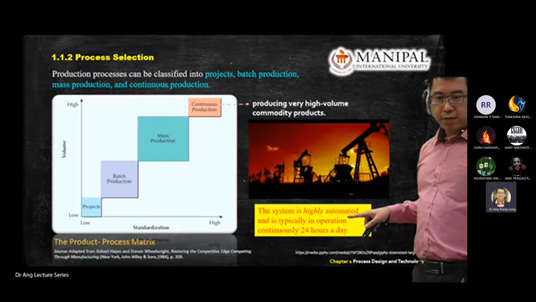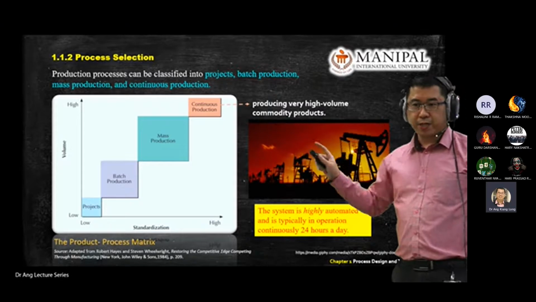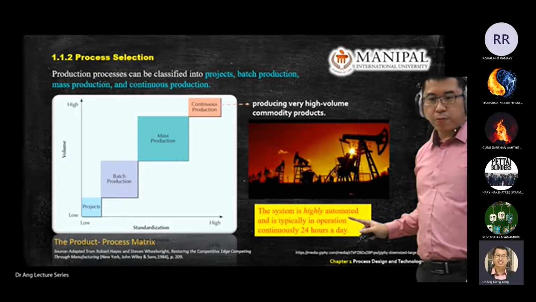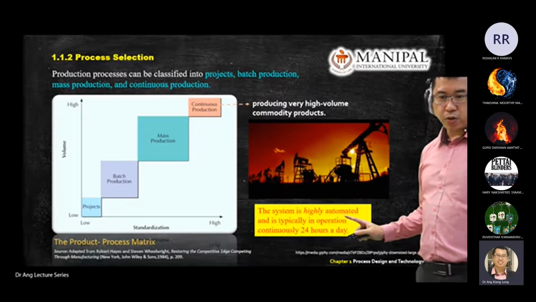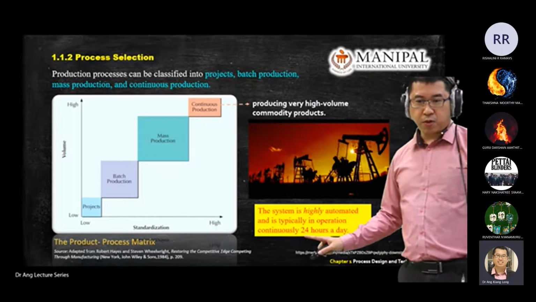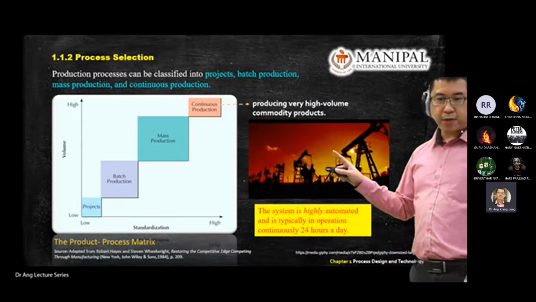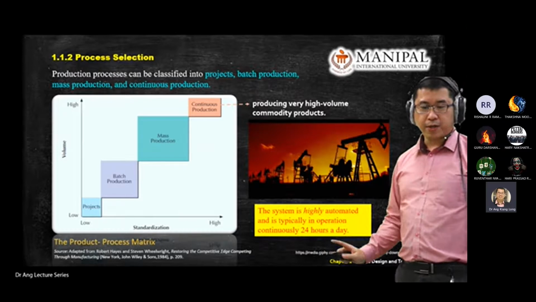So this is the criteria that fall under continuous production. The system is highly automated, and normally works 24 hours, meaning the system or the production floor doesn't stop. It works for 24 hours.